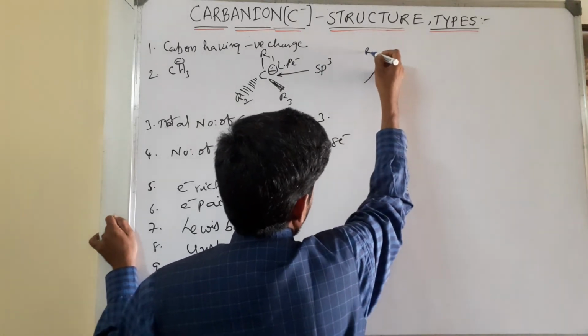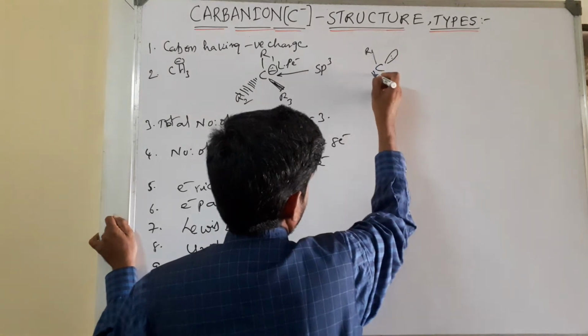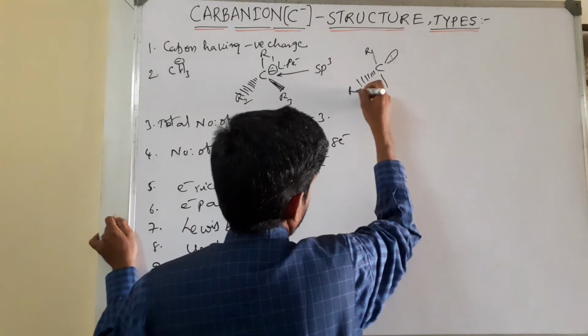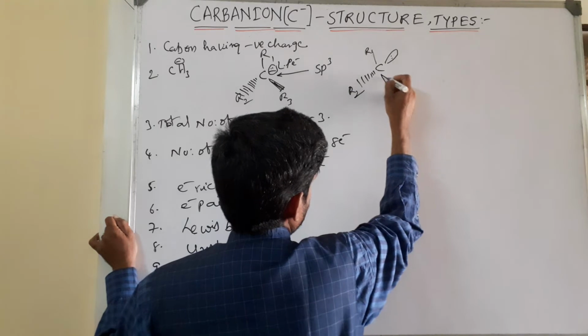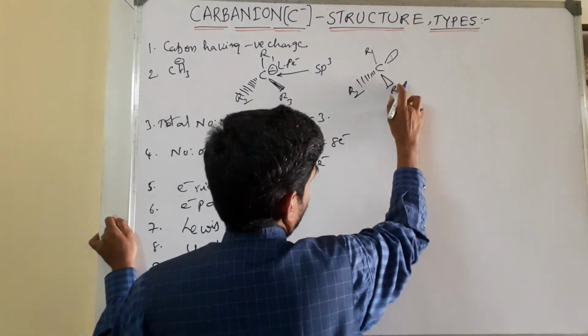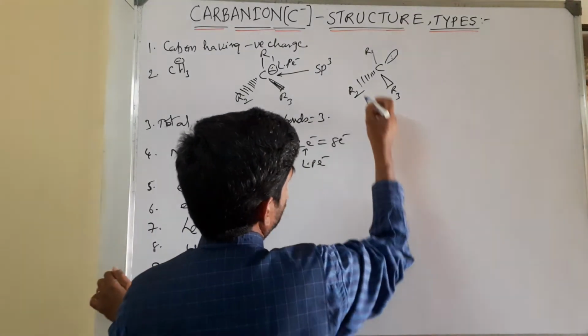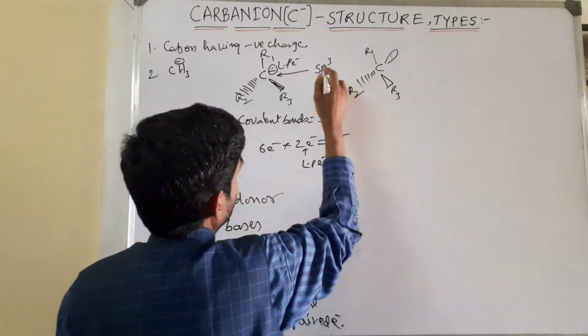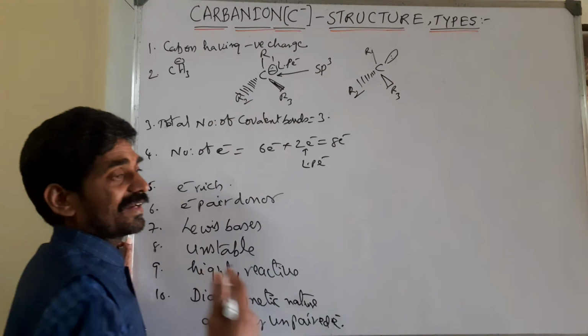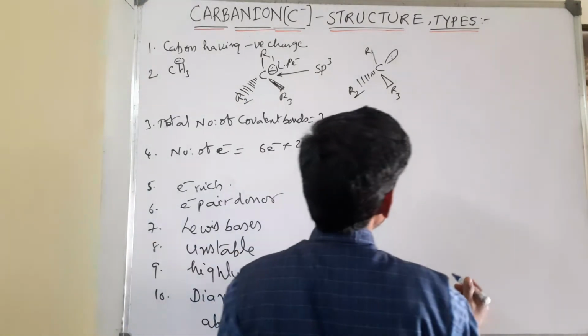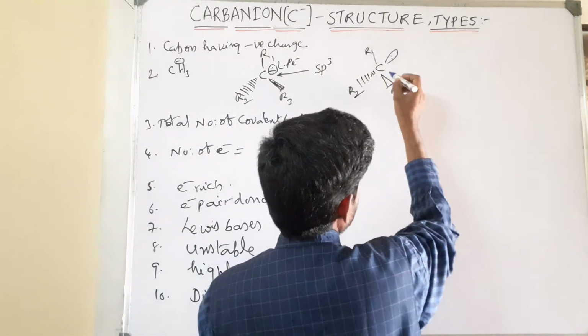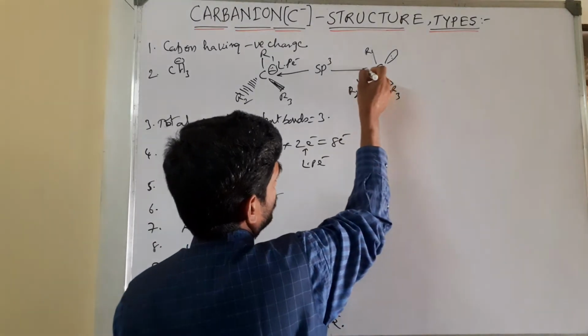This is R1, which is away from the observer, R2, and this one is toward the observer. For convenience, it is like the ammonia NH3 molecule. That's why the carbon undergoes sp3 hybridization.